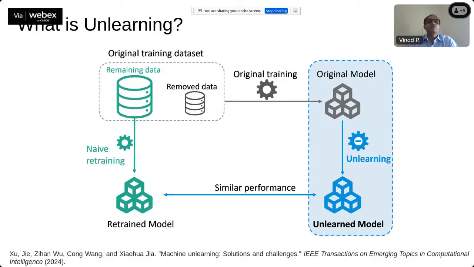So let's try to go a bit technical and try to understand what machine unlearning means. Before machine unlearning, let's understand machine learning in layman's language. In the machine learning pipeline, we start with the collection of a large amount of data. Then data pre-processing is done, or data is transformed in some way, and this data is further partitioned into a training set, a validation set, and a test set.